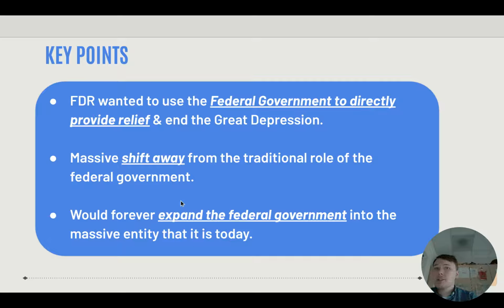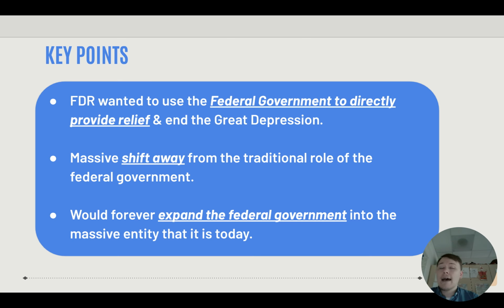And what that means, though, is that the scale of the government is going to rapidly blossom. You're going to have more workers. The government's going to have more power. The government's going to need more money. It's going to have a bigger budget. Everything about the federal government is going to rapidly expand in ways almost thought unimaginable. And it is never going to go back.